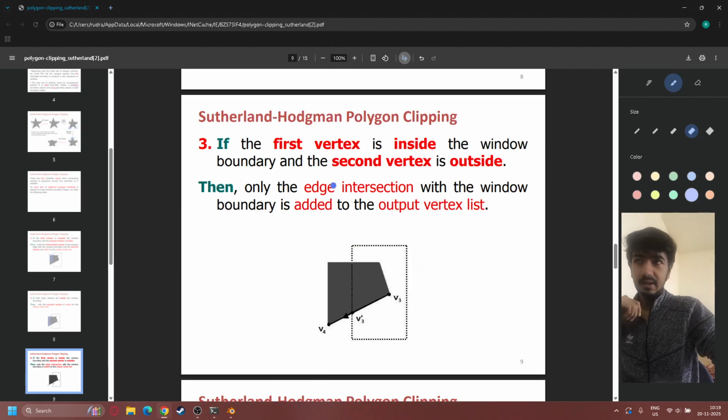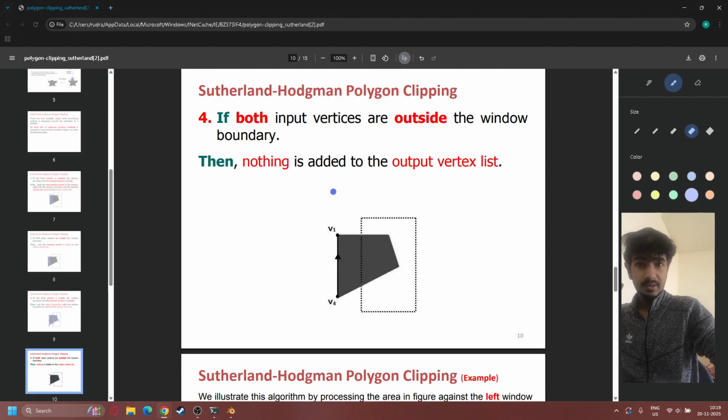In the third case scenario, the first index is inside the window and the second is outside. Here this one is inside and this one is outside. Then what happens is that only the intersection point is added. Here this intersection point will be added into the output list, and everything to the right of it is omitted.